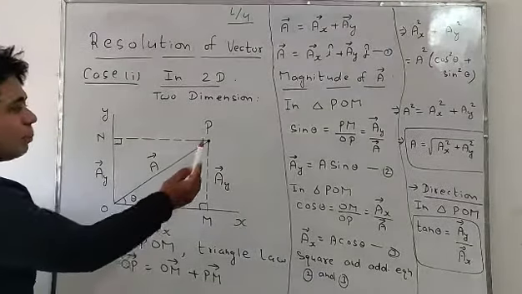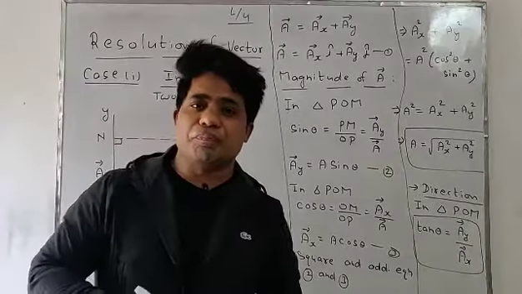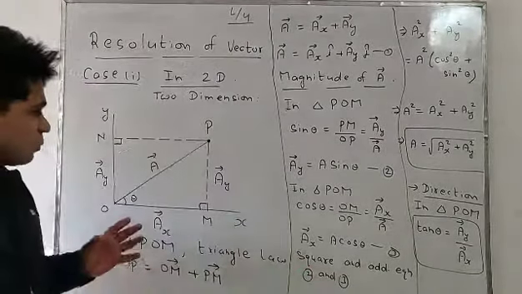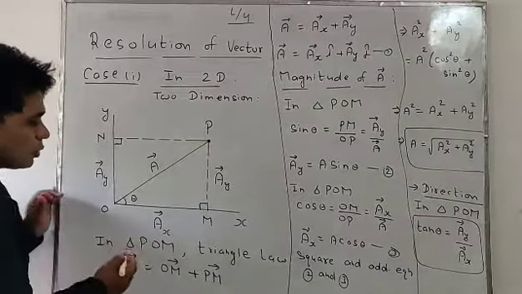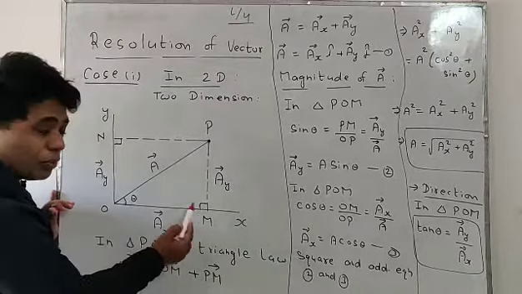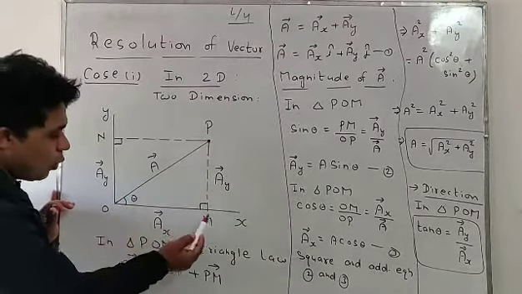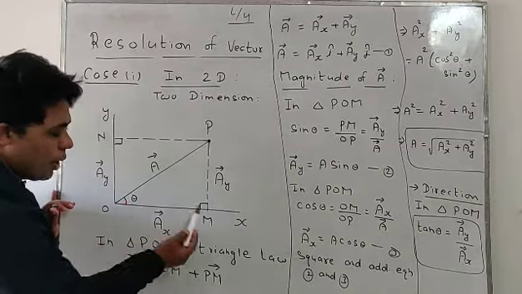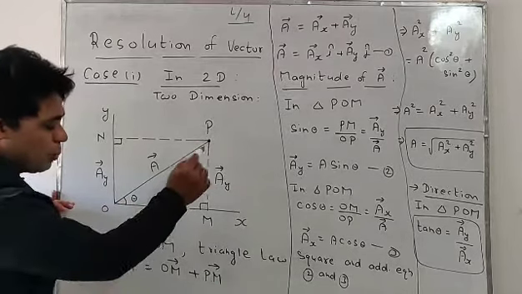Now in triangle POM, I am going to apply the triangle law of vector addition. Generally it explains that the sum of two sides will equal the third, opposite side. So what can we write? In triangle POM, two continuous sides will give the resultant in the third side: OM plus PM equals OP.